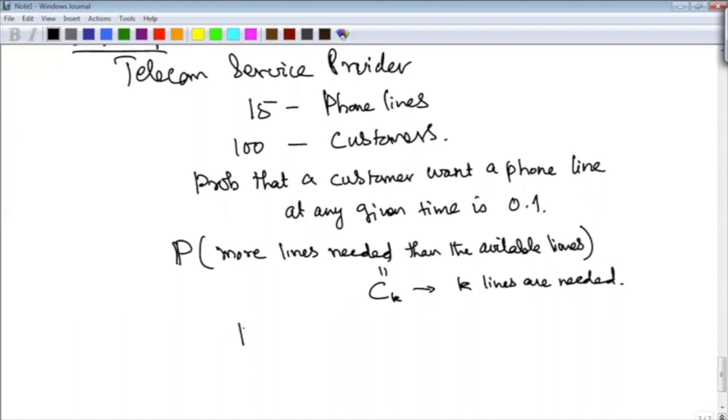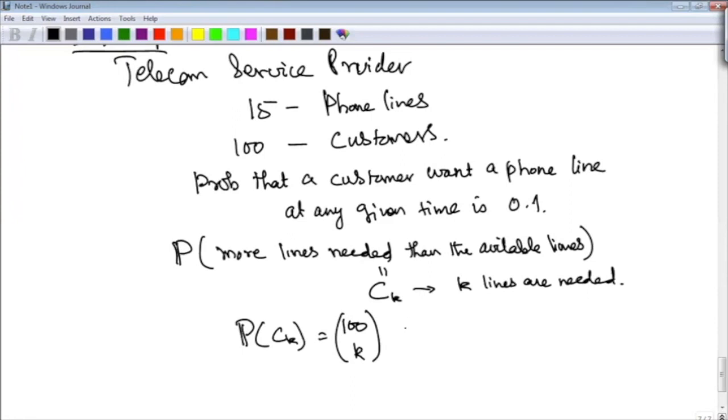Therefore, probability of Ck is actually, so how many customers are there? You have totally 100 customers, right? And how many lines are needed? That is, k customers are seeking the phone connection.